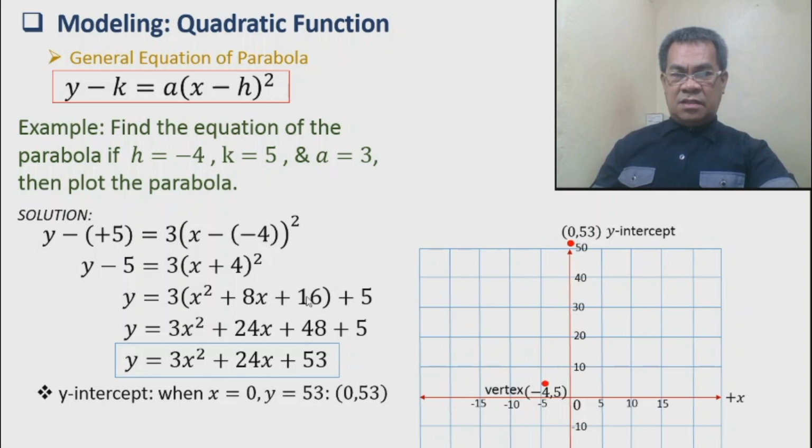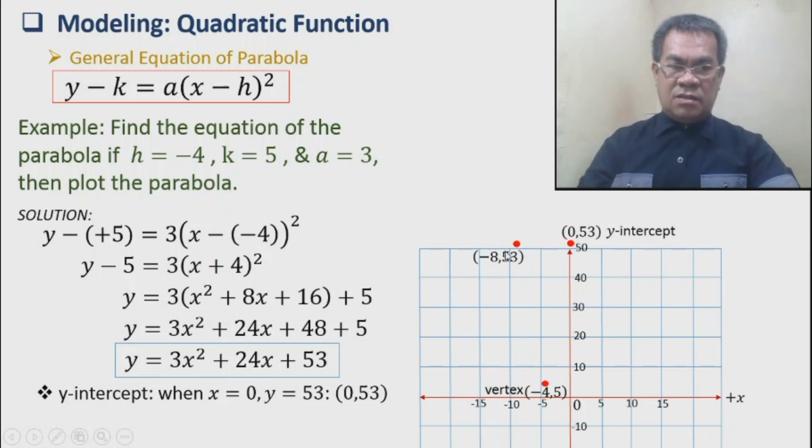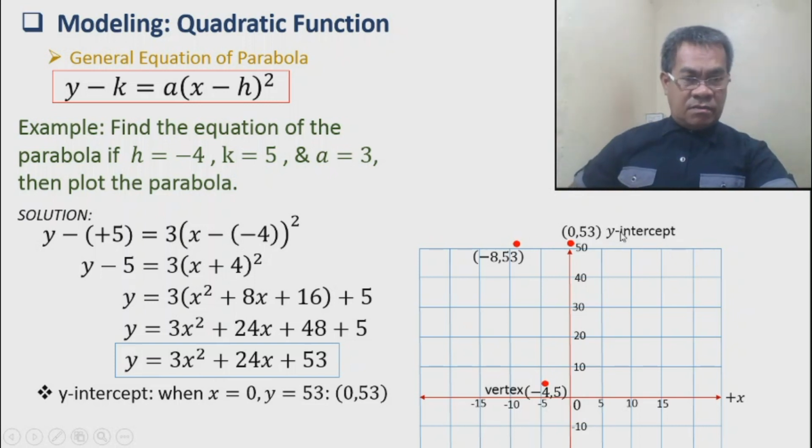So the abscissa of the point of symmetry is negative 8 and the y is 53. Why negative 8? Because we have 2 negative 4, so twice the negative 4 is the x of the point of symmetry for the y-intercept. So this must be negative 8 and 53. So these are the three important points.